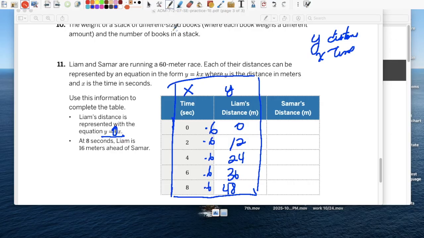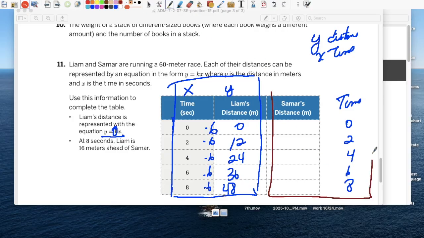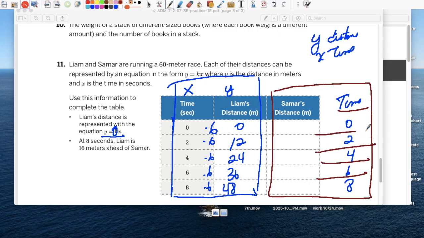For Sam, I'm going to write time here and create a table here. 0, 2, 4, 6, 8. For Sam, it says 8 seconds, and here's 8 seconds. Here's the time. It says that in 8 seconds, this fellow ran 16 meters.